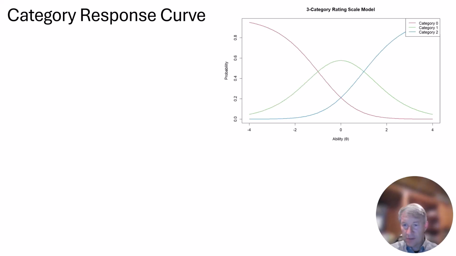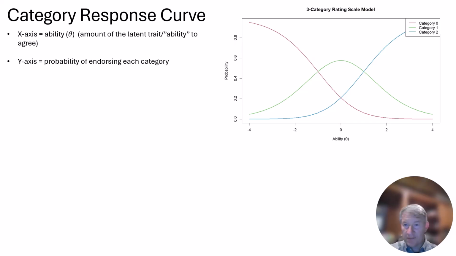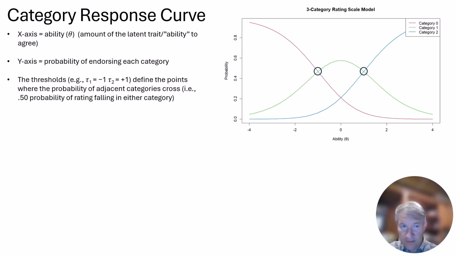I've generated and posted here on the slide a simple 3-category rating scale model where the 3 categories are represented by 3 different colors, and the x-axis is illustrating ability or the amount of latent trait of the persons, and plotted on the vertical or the y-axis is the probability of endorsing any of the 3 given categories. I've also circled on the graph 2 intersection points, and those intersection points are the thresholds.